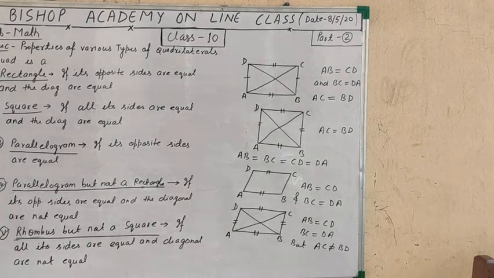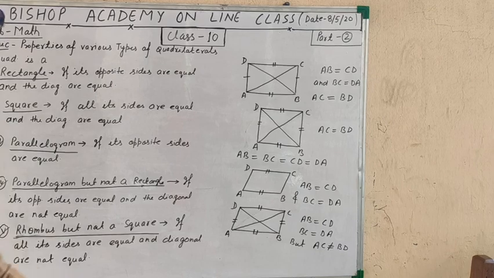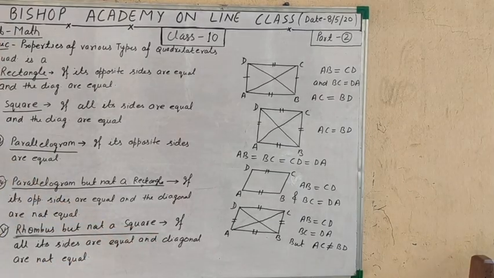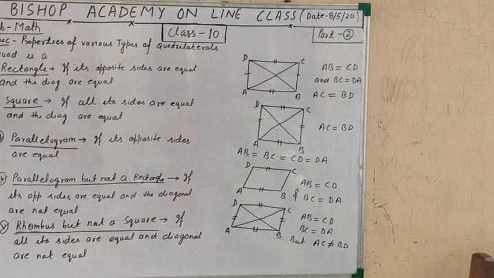And last, a rhombus but not a square, if all its sides are equal and the diagonals are not equal.